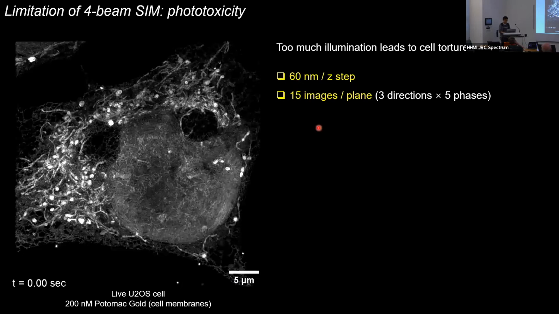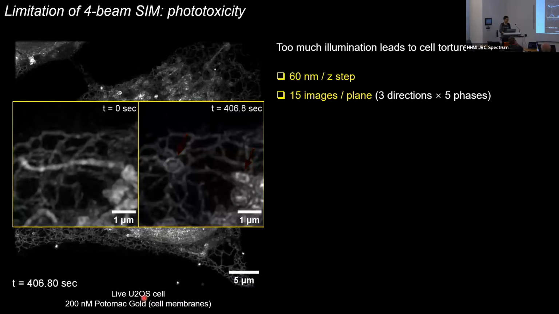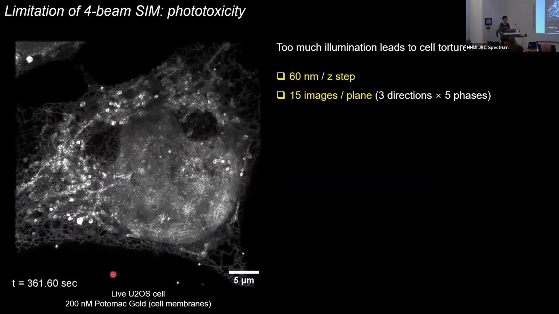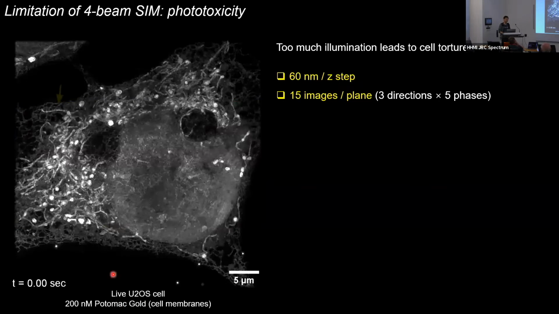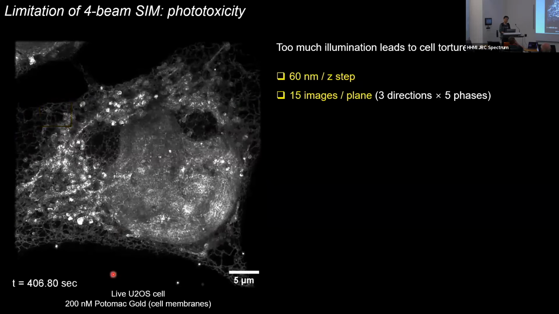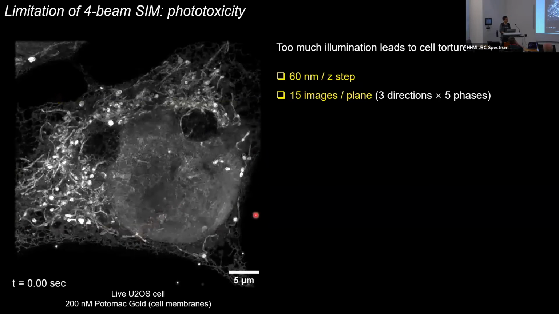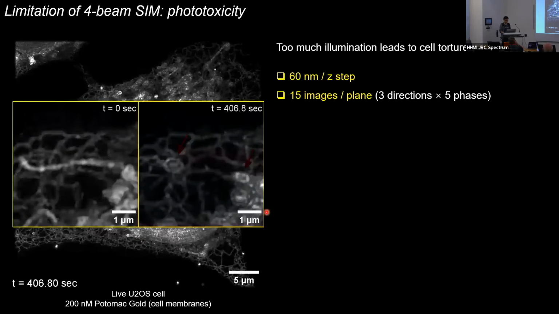For example, even if we're using the bright and photostable dye provided by Luke Lavis's lab, named Potomac Gold, and also tried some other dyes here, with only maybe 10 volumes, 10 time points, you will find phototoxicity and photo damage. There is no bleaching, but due to the photo damage, it's not due to bleaching.